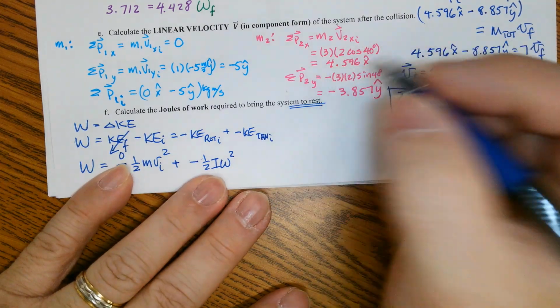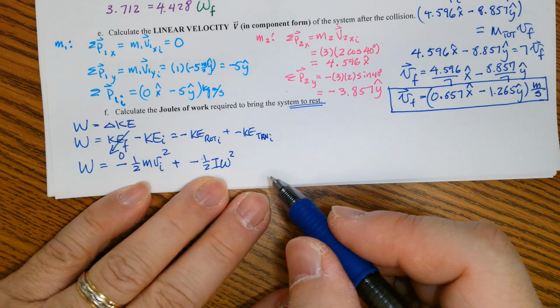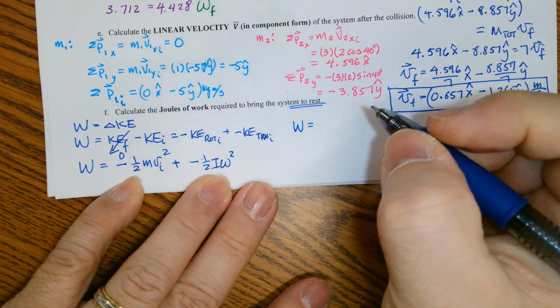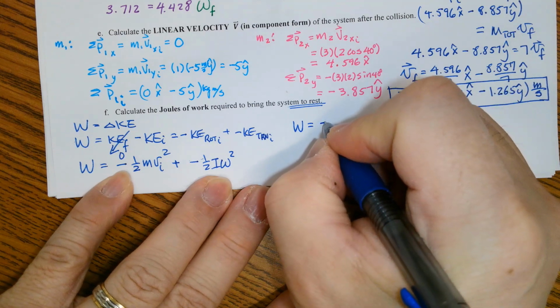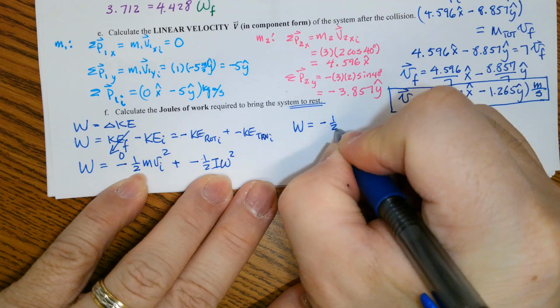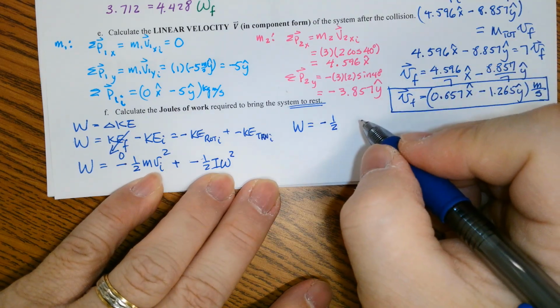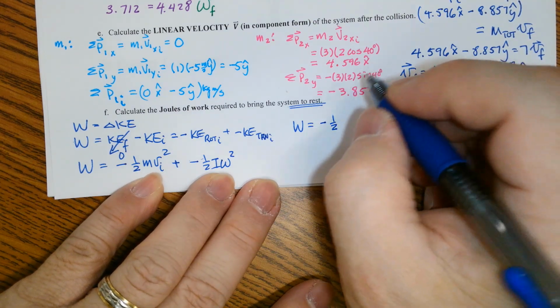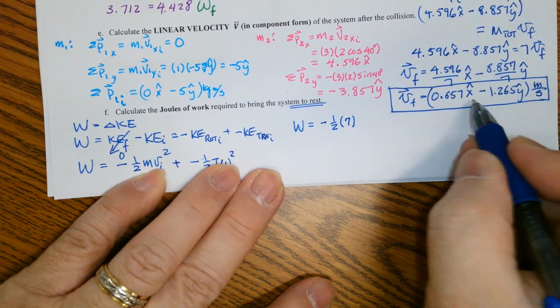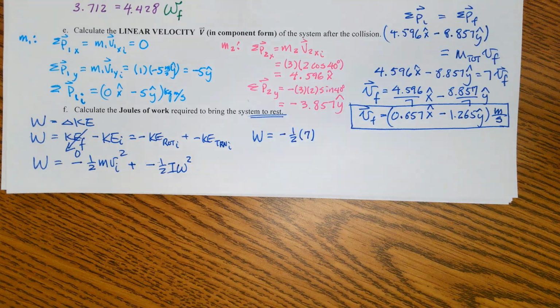So let's plug in some values. Work is now equal to negative 1/2 times the mass, which is the total mass of 7, times this.